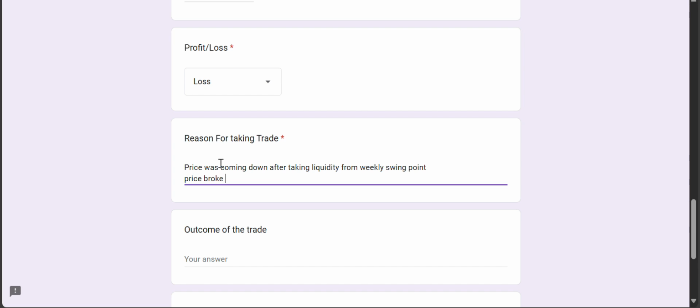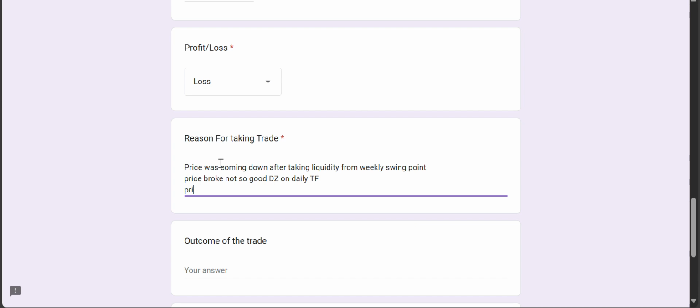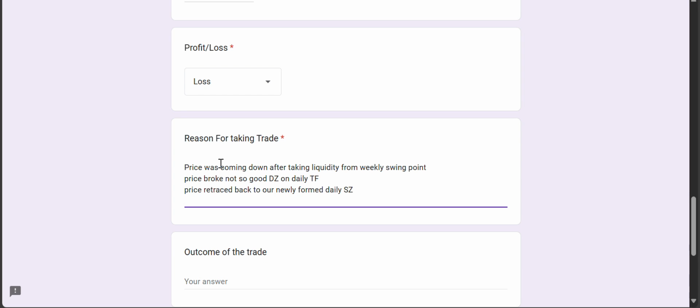Price broke a not-so-good demand zone on the daily time frame. On the daily time frame, price retraced back to our newly formed daily supply zone, broke the 1 hour demand zone, and created a new supply zone.